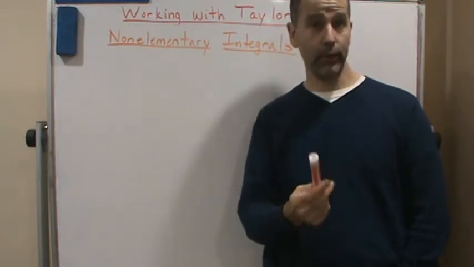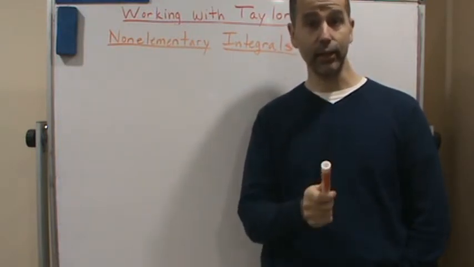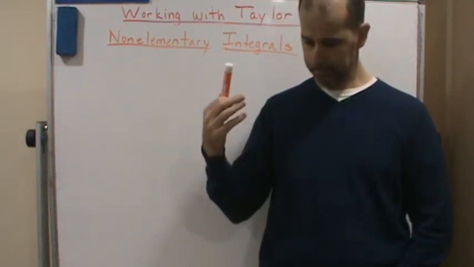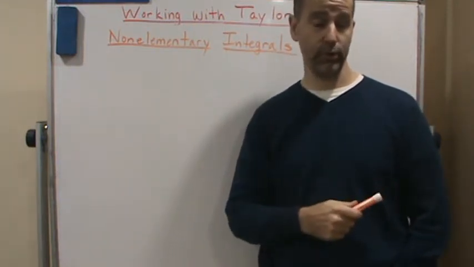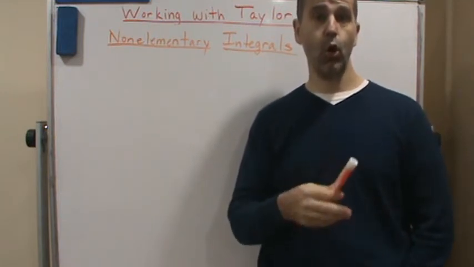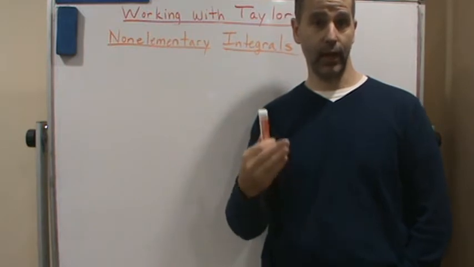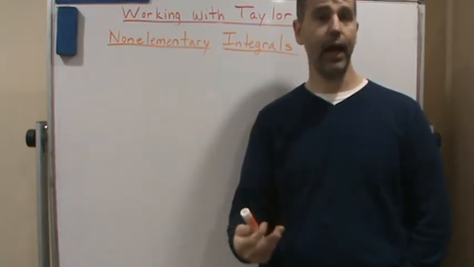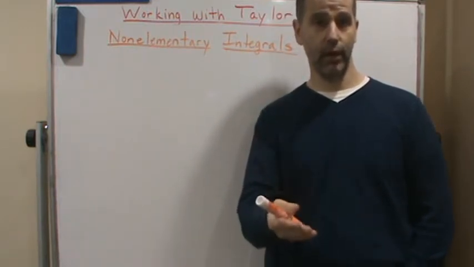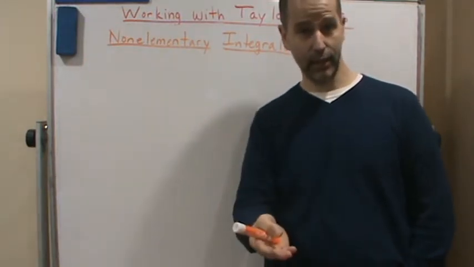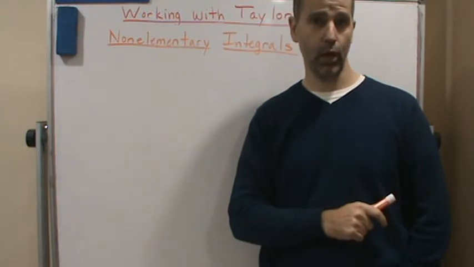Well, there are certain probability distributions you cannot integrate. One of those is the normal distribution. There is no probability formula for finding the probability of a normal distribution, because the antiderivative of the function of a normal curve is not elementary, which we'll talk about.